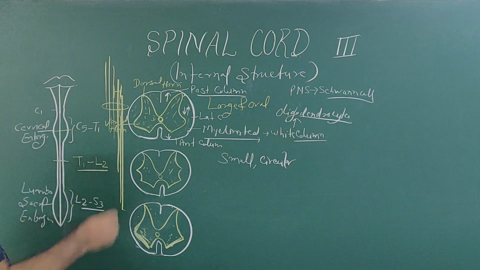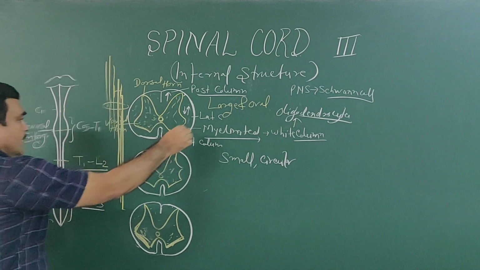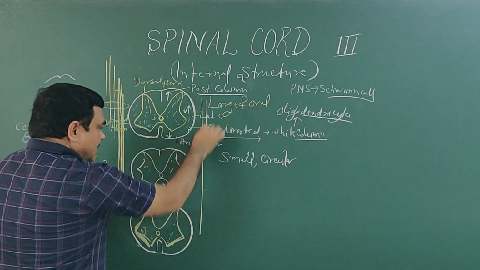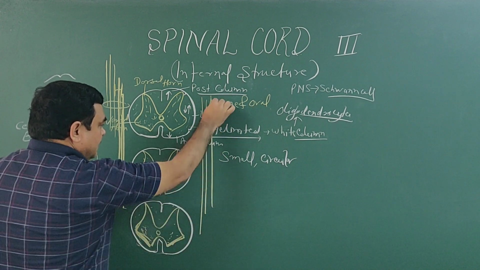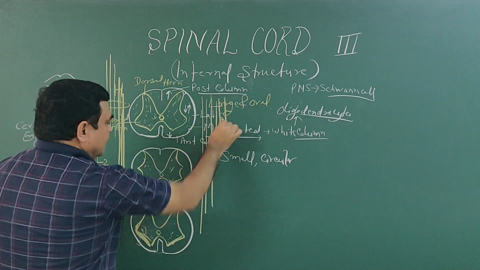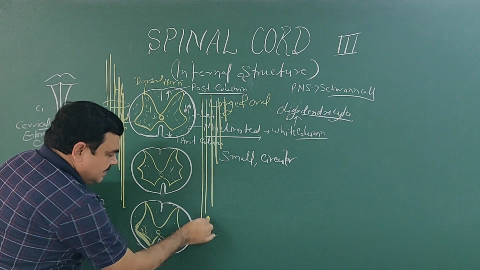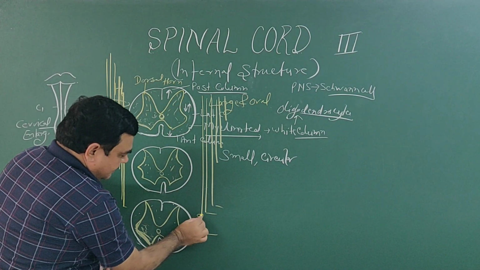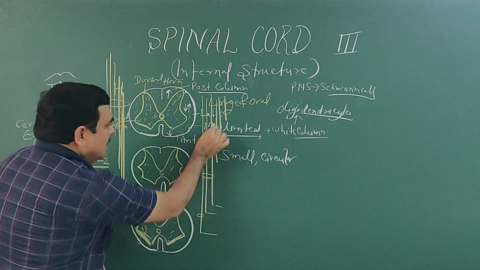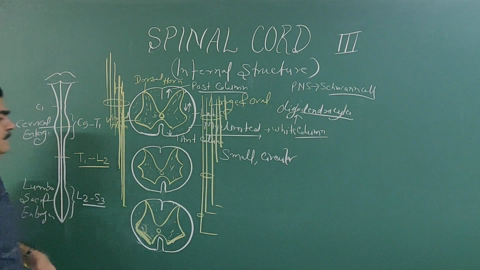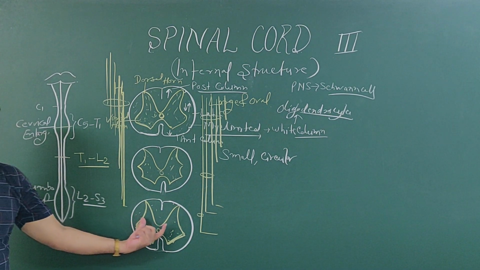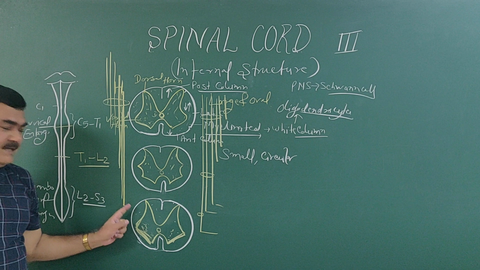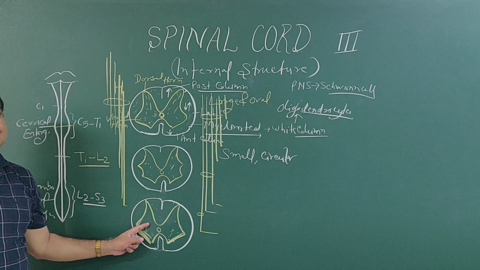And the same thing with the number of descending fibers. In this region, descending fibers are in less number, here slightly more, and here more. So in the lower part of the spinal cord, white matter is less in comparison to grey matter.